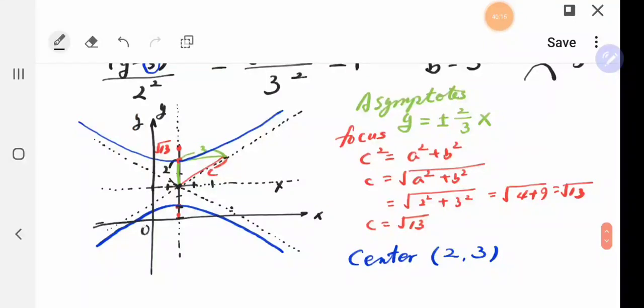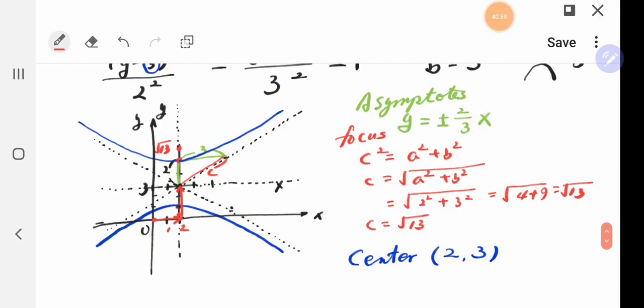Starting from this, we can move 2 units to the right, and then 1, 2, 3 units up. That is the center. So originally the center was here, but it's moved. So the center is 2 and 3. Okay, so this is the graph. Center is 2 and 3.